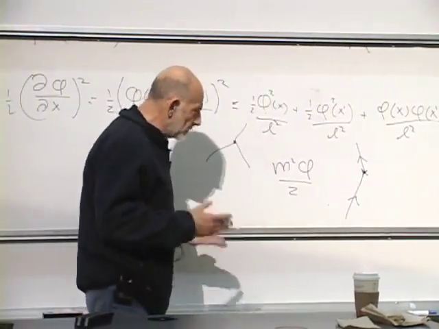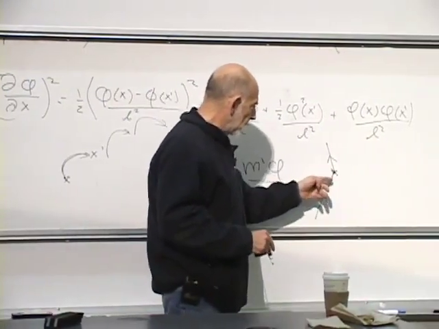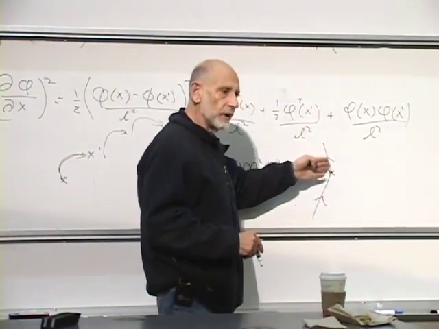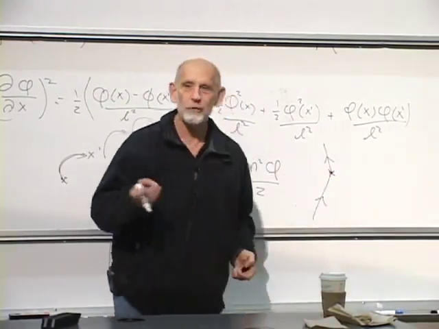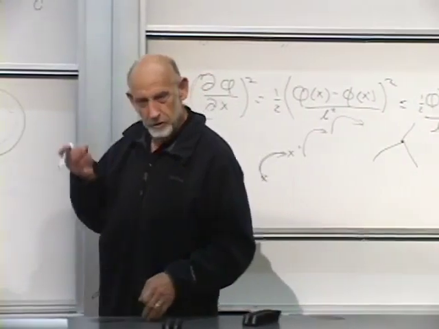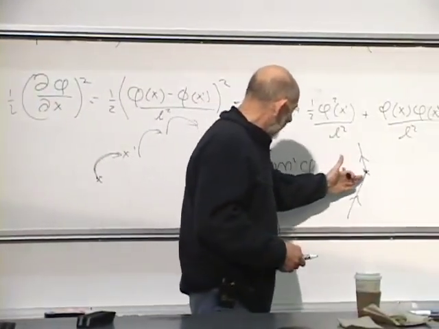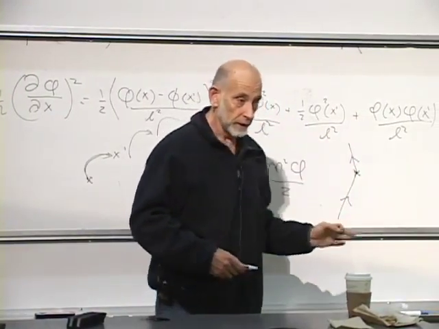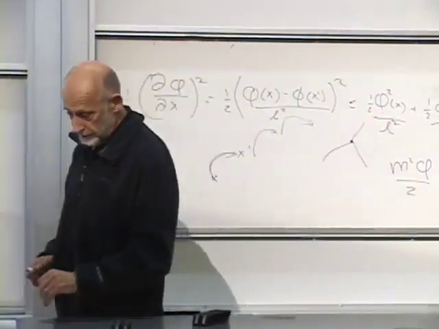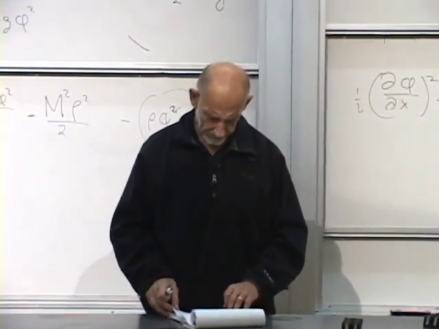So this mass term doesn't move the particle around. It just absorbs it and re-emits it. Or it counts particles, really. It just tells you there's a particle there. But strictly speaking, it absorbs a particle and re-emits it from the same point. All right, that's the nature of the mass term.